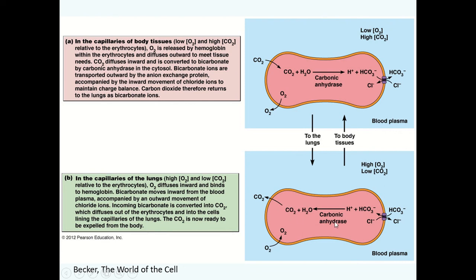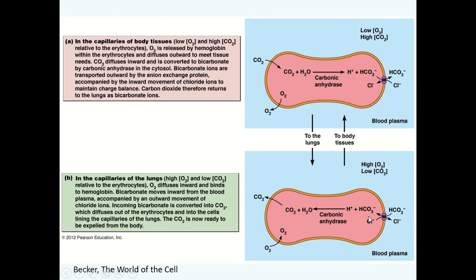So enzyme carbonic anhydrase now carries out the reaction in the opposite direction, and thereby it is going to convert bicarbonate ions into carbon dioxide, and this carbon dioxide is going to diffuse out into the alveoli. So therefore, the concentration of bicarbonate will decrease, so more bicarbonate is going to be pumped into the cell.